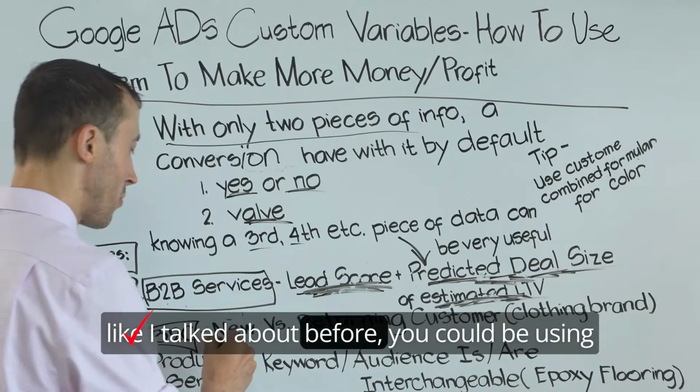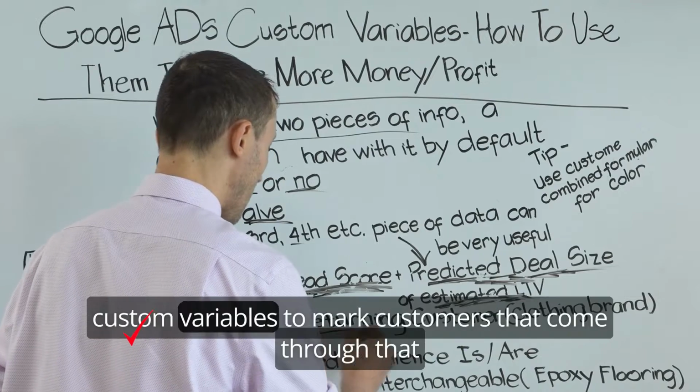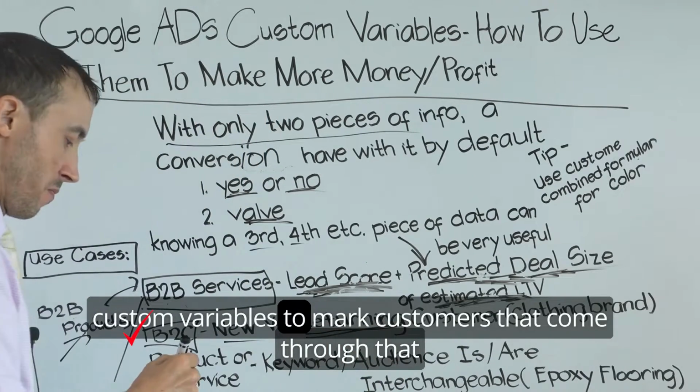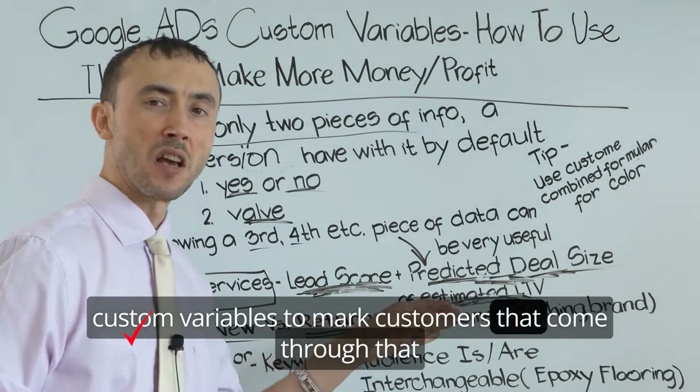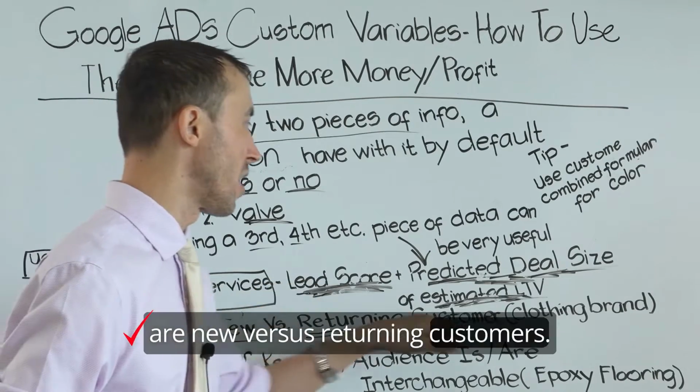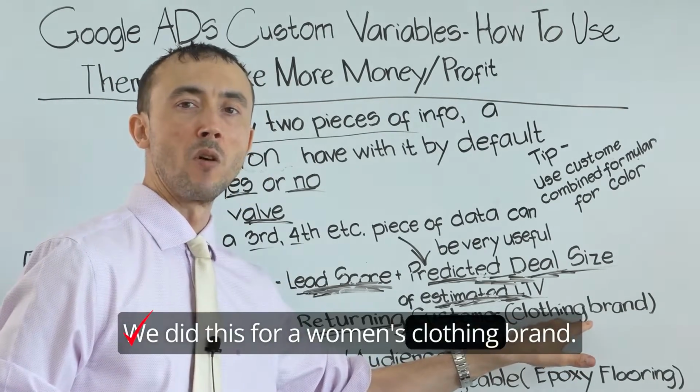Like I talked about before, you could be using custom variables to mark customers that come through that are new versus returning customers. We did this for a women's clothing brand.